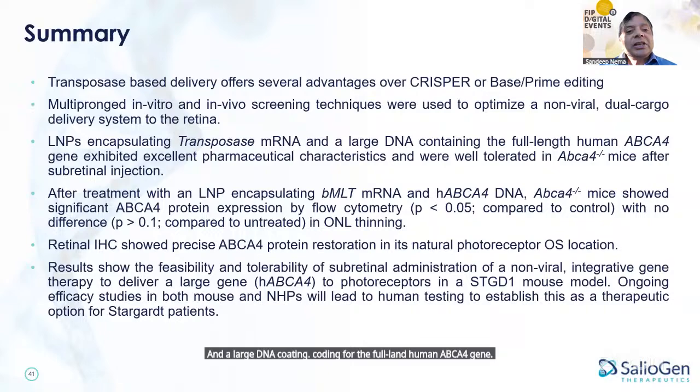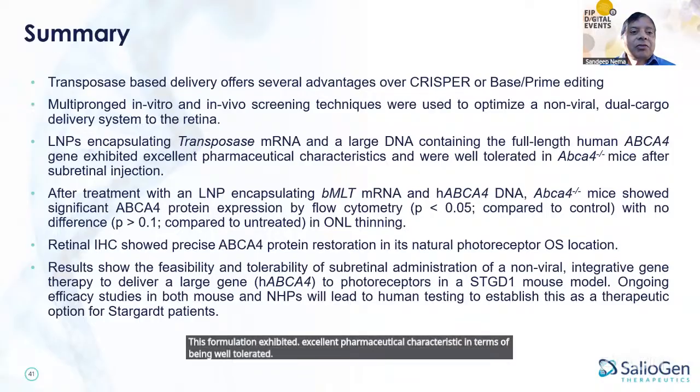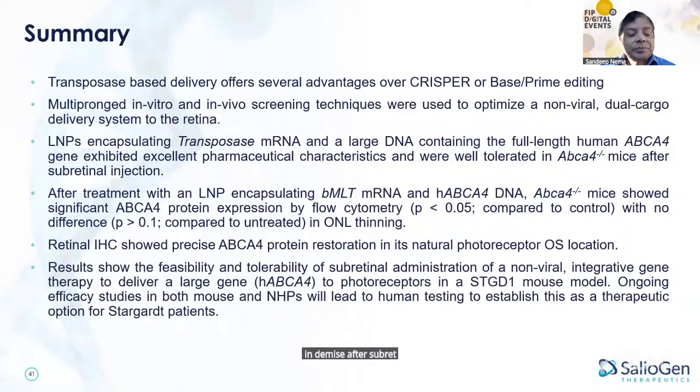This formulation exhibited excellent pharmaceutical characteristics in terms of being well tolerated in the mice after subretinal injection. And after treating with LNP encapsulating the transposase mRNA and ABCA4 DNA, the mice showed significant protein expression.